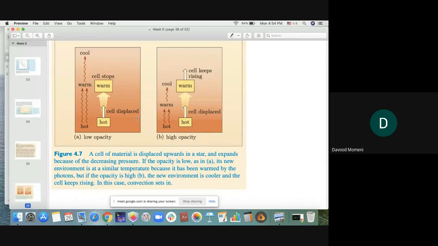So stars which are not very dark will stay hot longer than stars which have a high opacity. So a dark star will cool faster than a light star because of convection, because it is related to density and other things.